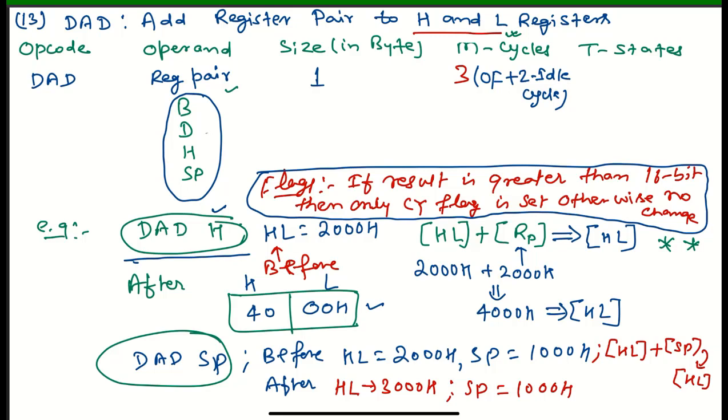By default, opcode fetch will take 4 T states, and each idle cycle will take 3. So the total number of T states required for this DAD instruction is 4 for the opcode fetch, plus 3 for one idle cycle and another 3 for the other idle cycle. So the total will be 10 T states, and this is quite exceptionally different compared to other instructions.